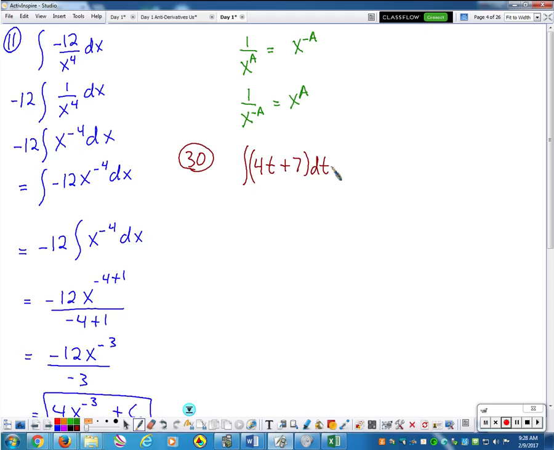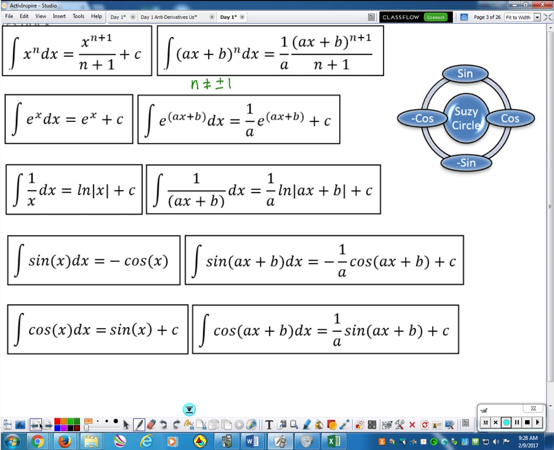Let me make a comment for the whole room, though. Everybody look up. One of the rules that will work with this is the ax plus b to a number rule, because it's ax plus b to the first. However, please make a note on your rule sheet. The rule works if this is equal to 1. There's nothing illegal about it, and if you did it on the written portion of the test, you get full credit.